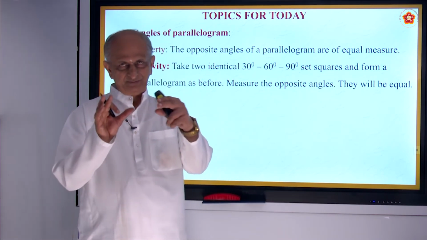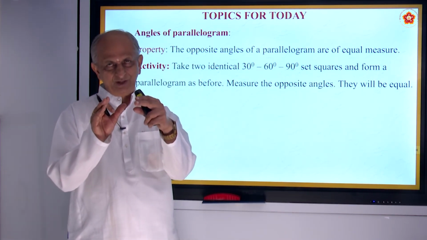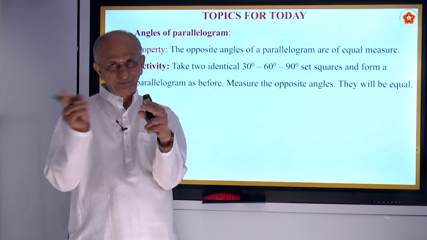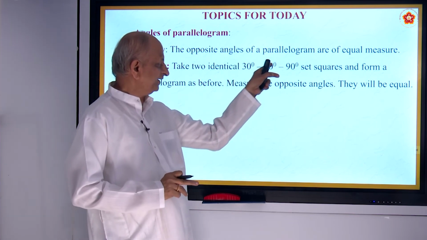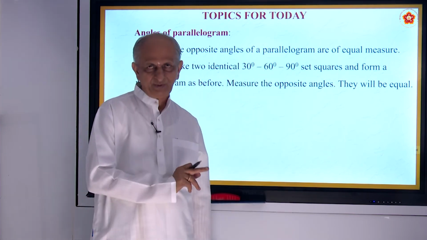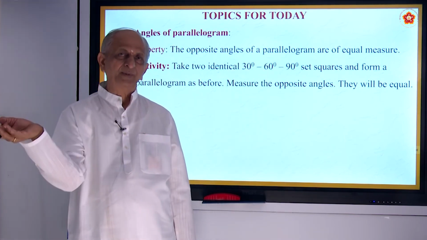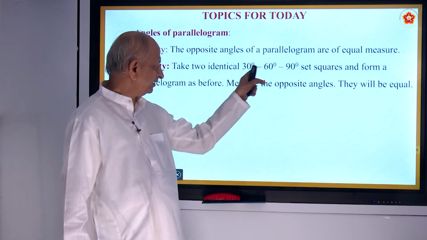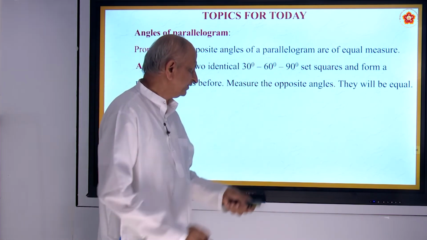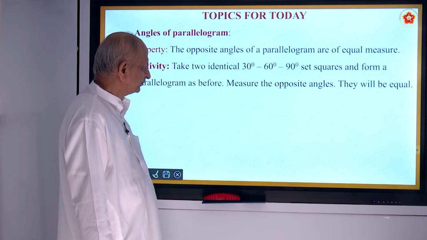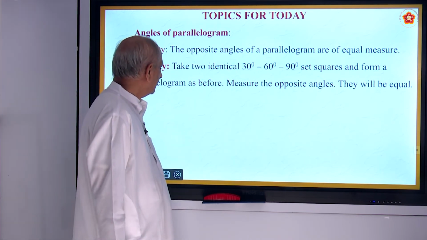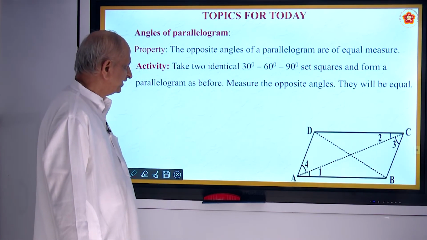You should have two geometry boxes, because this 30, 60, 90 comes only once in one set. So, take one more geometry box, take another set square, and arrange it such that it becomes a parallelogram. That is an activity, and you will get a very interesting result.